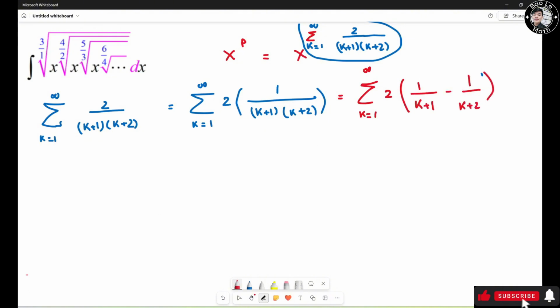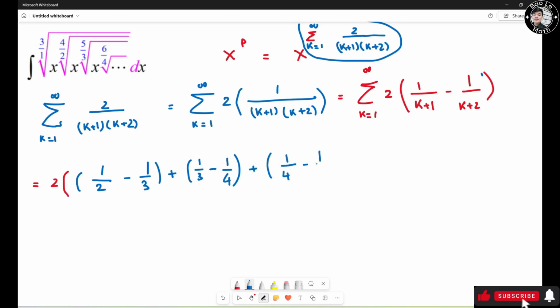So it's 2 times, now substitute 1 for k: the first is 1 over 2 minus 1 over 3, plus, if k equals 2, 1 over 3 minus 1 over 4, plus 1 over 4 minus 1 over 5, right?